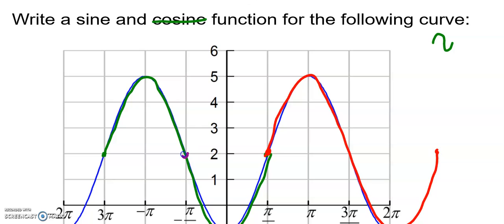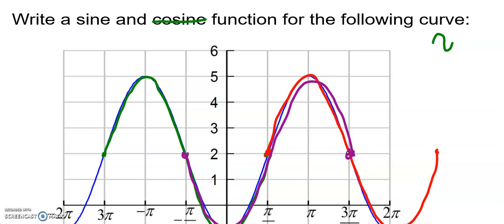Or I could do a negative sine function. So those would both be what we would consider a positive sine function. So I could do this as well. That would be a negative sine curve. Any of these are going to be valid options. So all of these choices are going to have most of the same features.